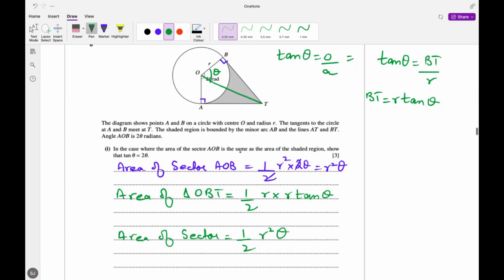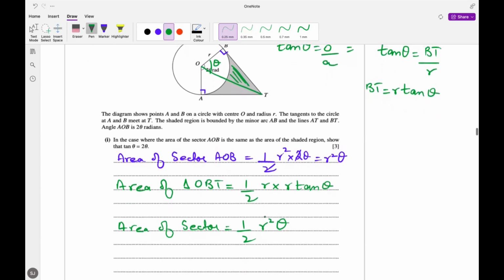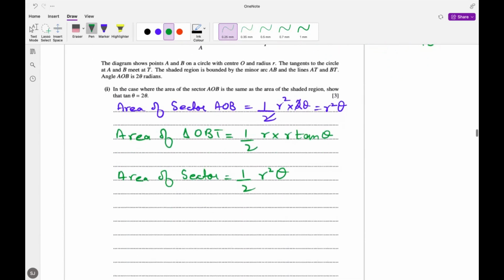Now subtracting the two areas will give us the area of half of the shaded region. So after subtracting the two areas, we'll multiply the answer by 2. So the area is half r squared tan theta minus half r squared theta, and we'll multiply this answer by 2 to get the total area of the shaded region.